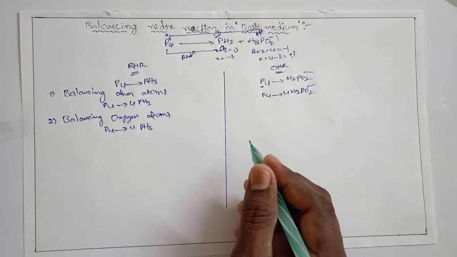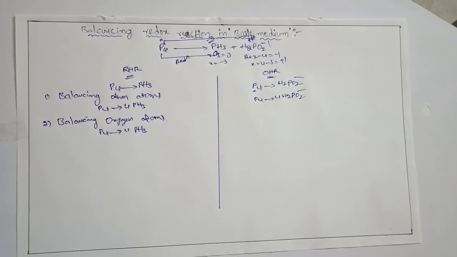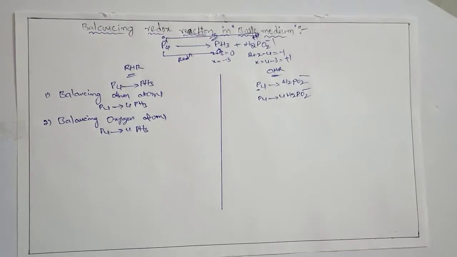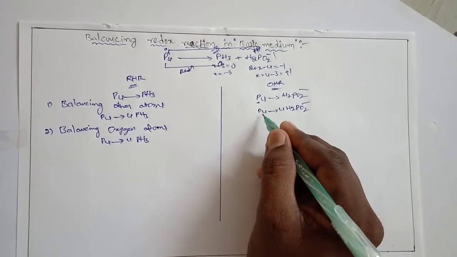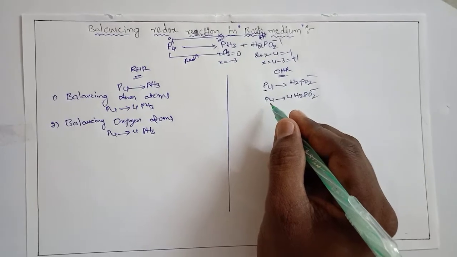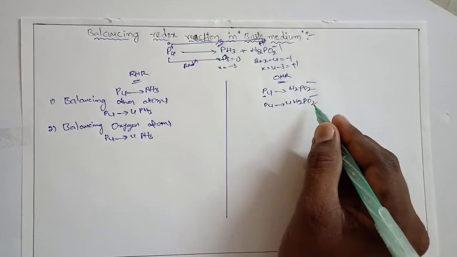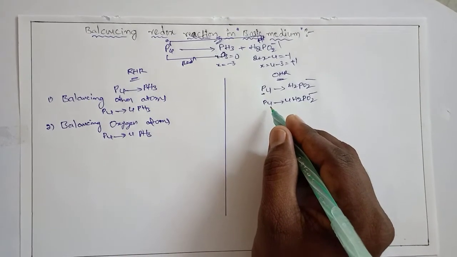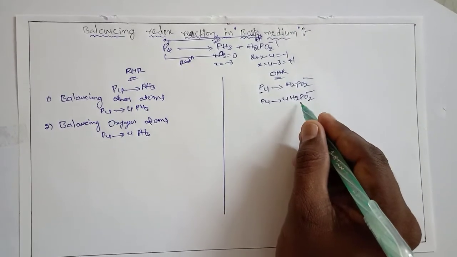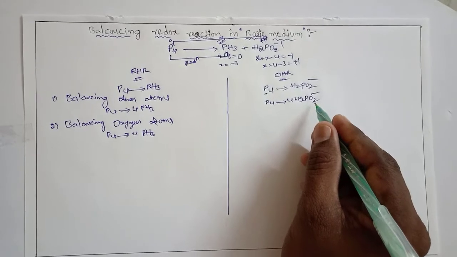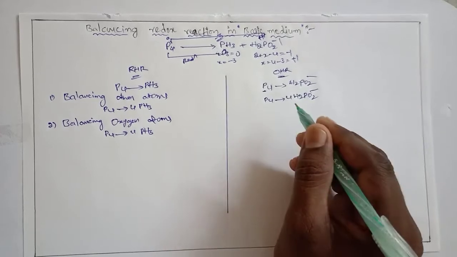In the oxidation reaction also we have to balance oxygen atoms. To balance the oxygen atoms we have to add the required number of water molecules on the deficiency side. In this reaction the left side has no oxygens, the right side has 4 times 2, which is 8 oxygens. So to balance the oxygens, we have to add 8 water molecules to the left side of the reaction.